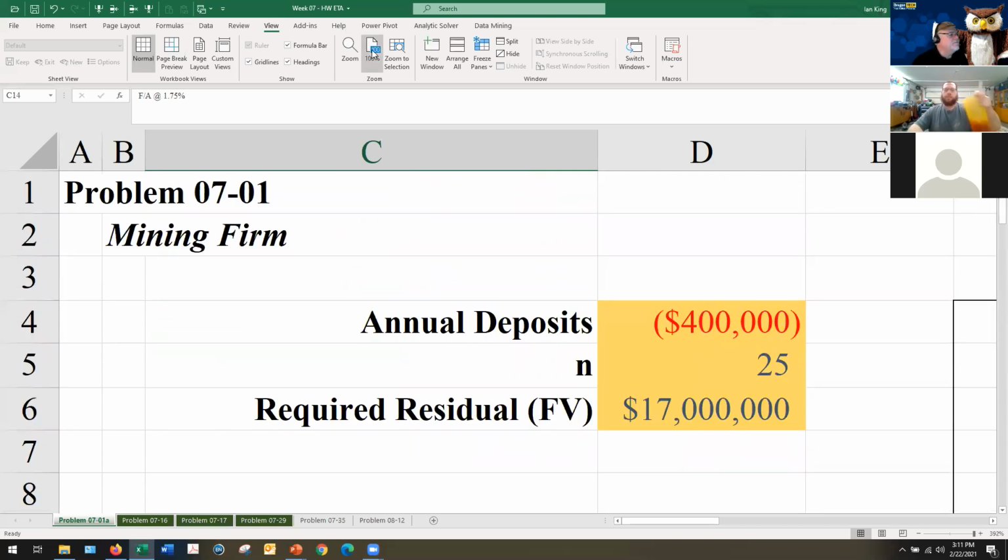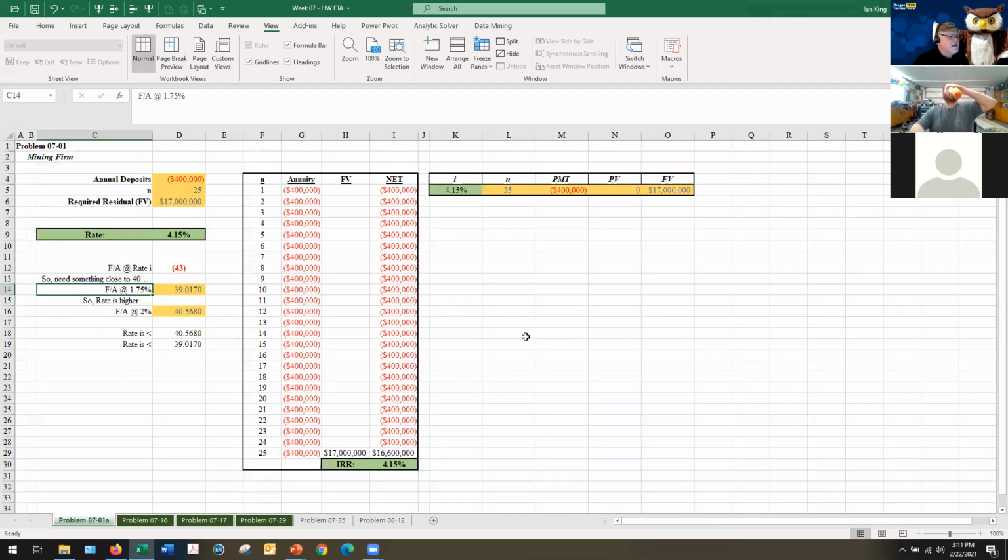Now then, not my favorite way of doing it. This way over here, I just put the usual way in the template that the book likes to use with their I, the N, 400,000. This rate calculation is the same as this calculation over on the left. And that gives you that 4.15. Another way to do it is internal rate of return.